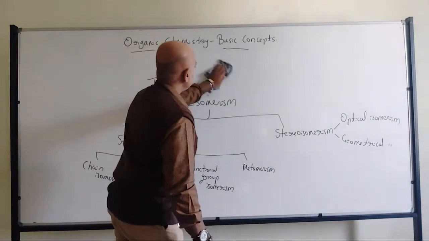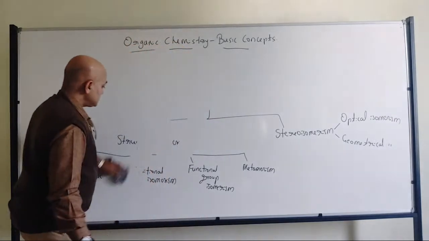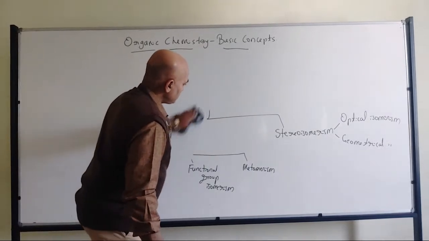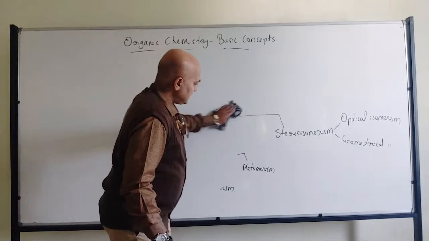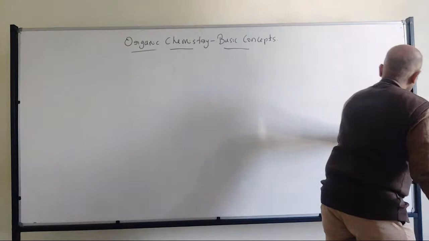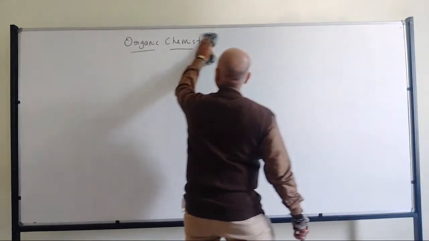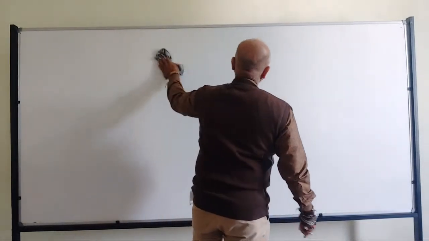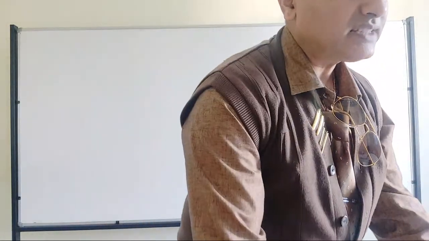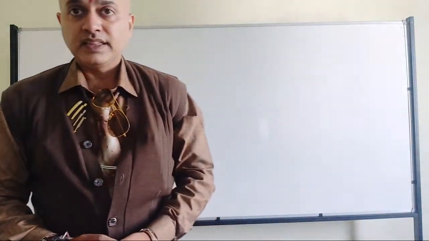Any doubts? So this is the classification of a given organic compound based on its isomerism. I will stop here. Please practice some more examples with respect to IUPAC nomenclature.